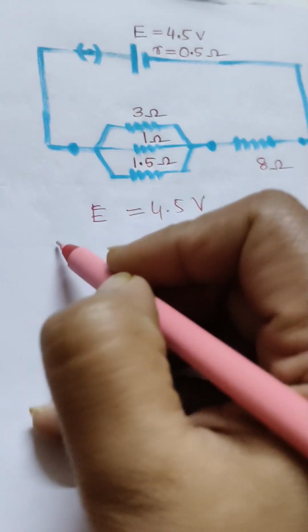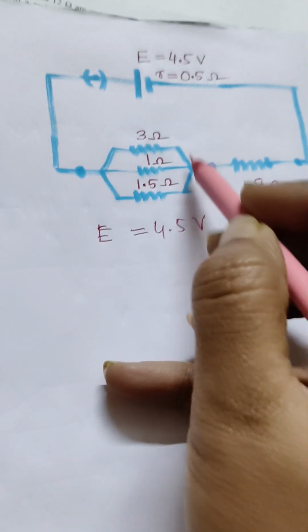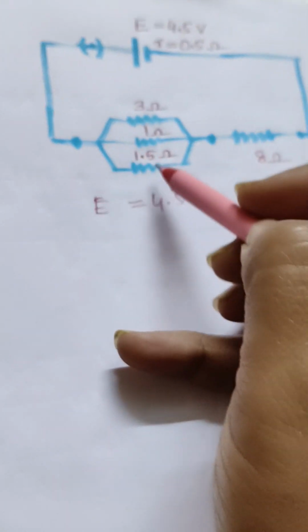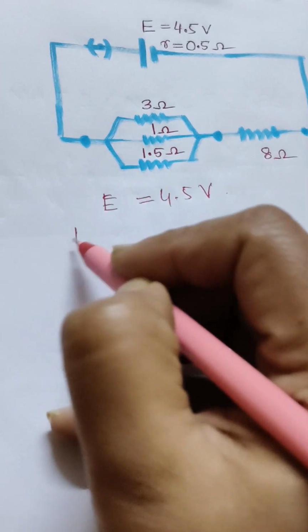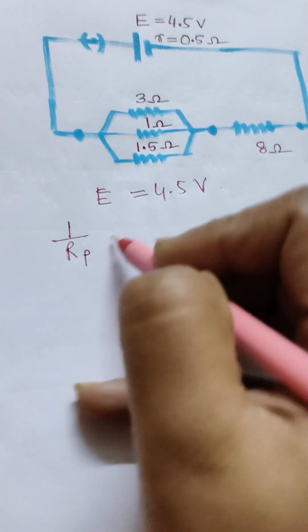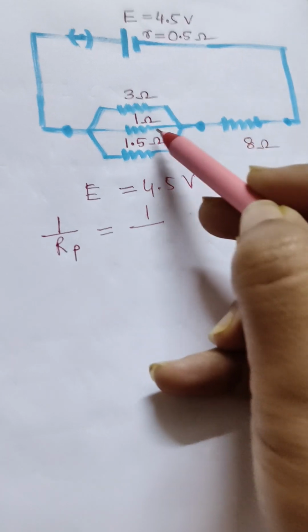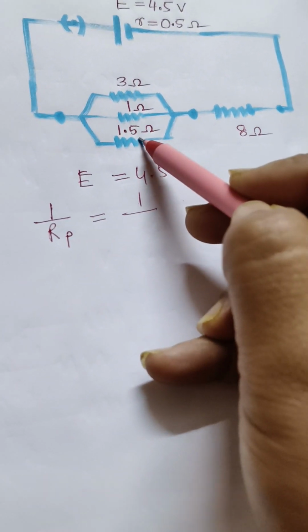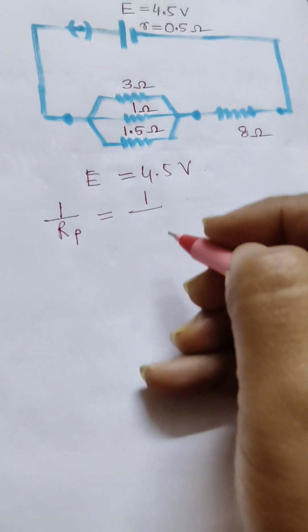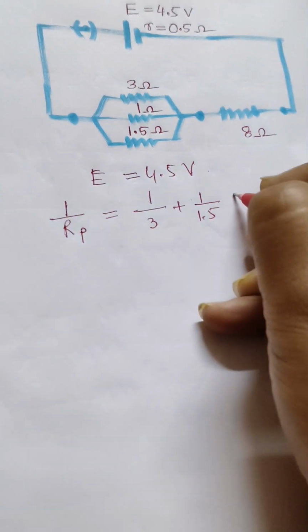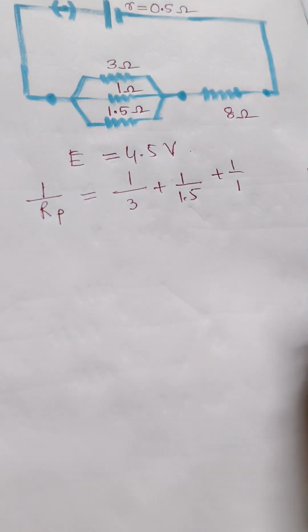First you calculate the resistance here. They are in parallel. So if I call the equivalent resistance Rp, then 1 by Rp is 1 by R1 plus 1 by R2 plus 1 by R3. So simply I write it as 1 by 3, 1 by 1.5, 1 by 1.